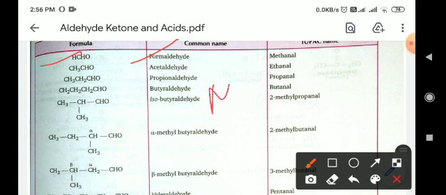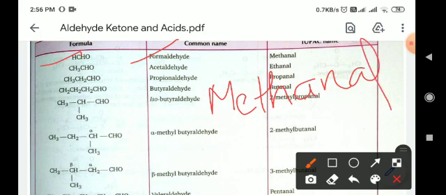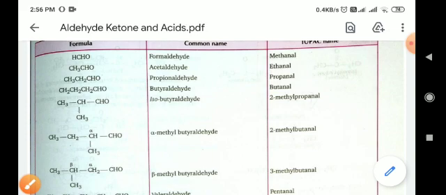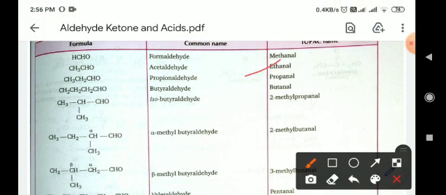For one carbon we use meth, and since all carbons are attached by single bonds, ane, and for the aldehyde suffix, al. So it is methanal. For two carbons it is ethanal, three carbons propanal, four carbons butanal, and it is also 2-methyl propanal, because after numbering 1, 2 and 3, at carbon number 2 a methyl group branch is attached.